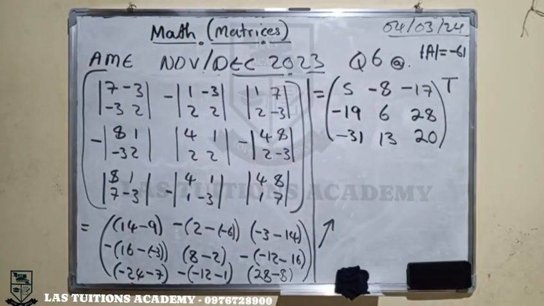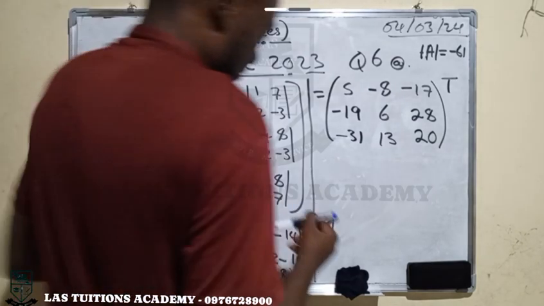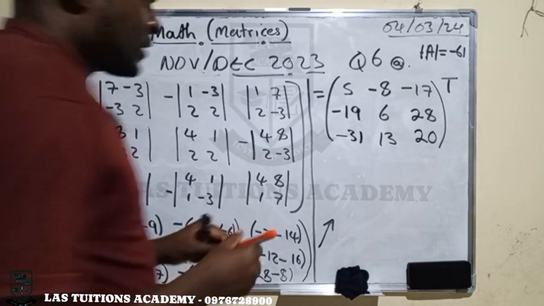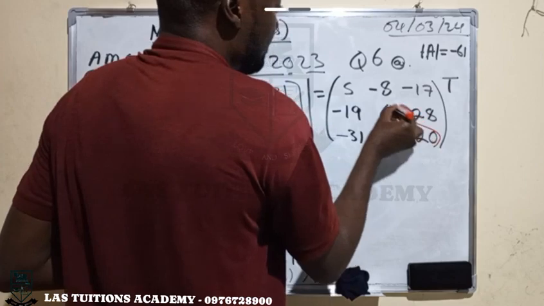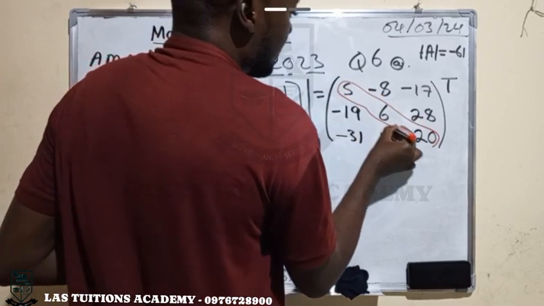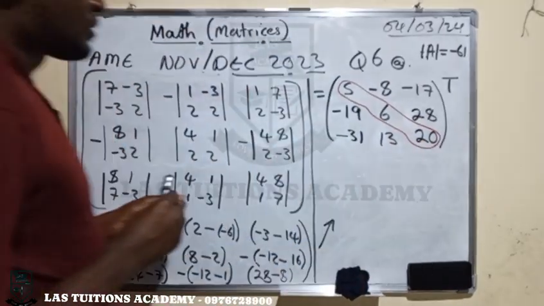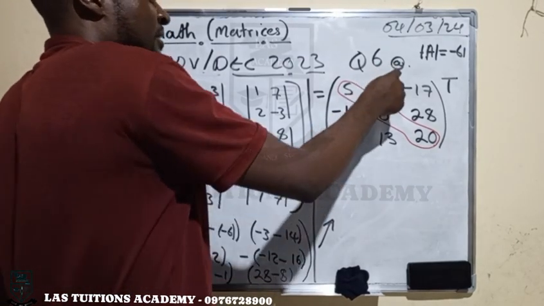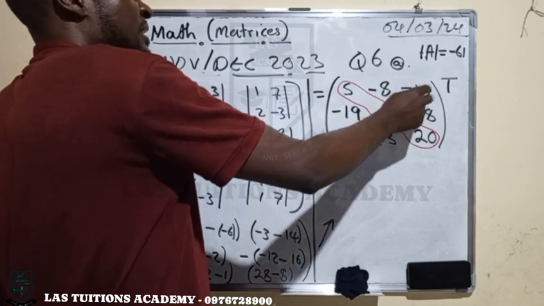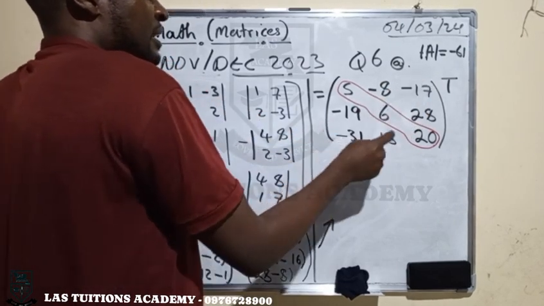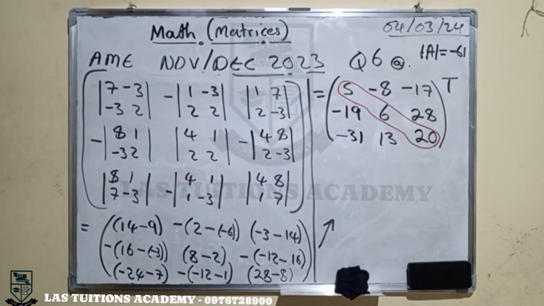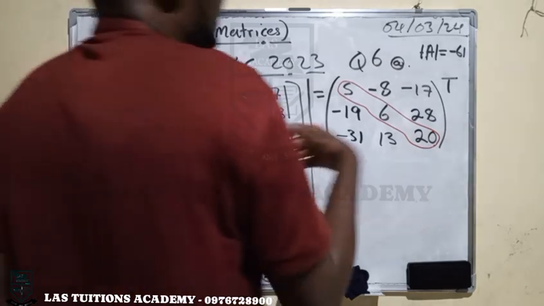Or others will tell you to simply maintain the diagonal numbers and then swap. This one comes here, negative 19 goes there. Negative 31 goes there, negative 17 comes here. 13 goes there, 28 comes there. That's what others will tell you. Yeah, but it doesn't matter what you do.